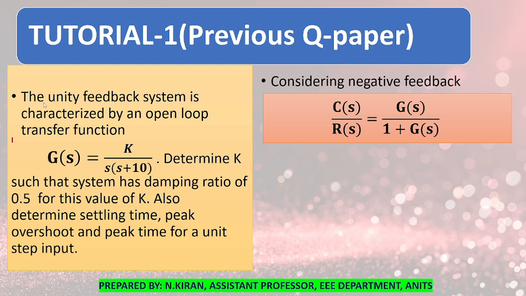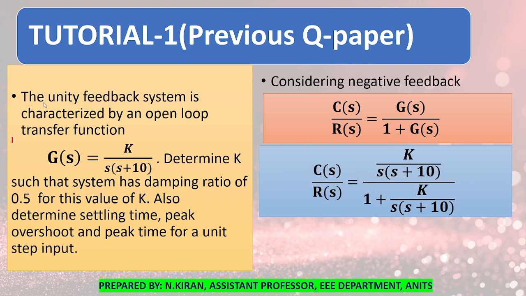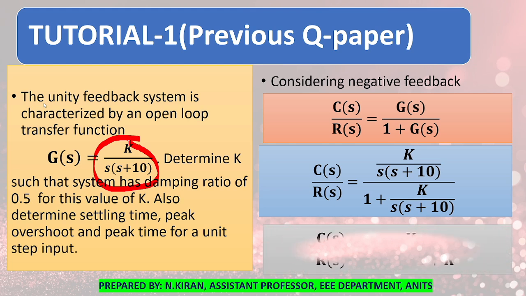So the expression for closed loop transfer function is G(s) / (1 + G(s)H(s)). Since H(s) is 1, C(s)/R(s) will be equal to G(s) / (1 + G(s)). G(s) is already given, that is K / (s(s+10)). Substituting that will give me my closed loop transfer function C(s)/R(s) to be K / (s² + 10s + K).